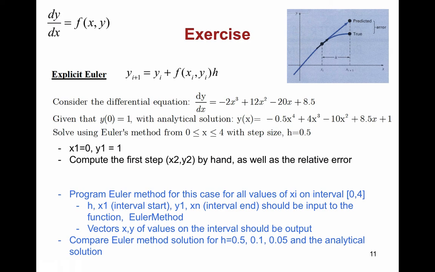And then if you're done with that, you can also compute what the analytical solution should be for that point. You can use your Python or your phone as a calculator as necessary.